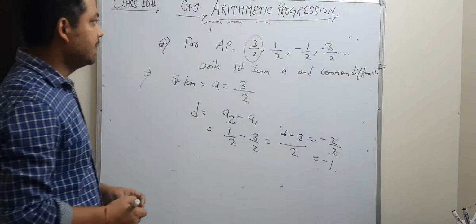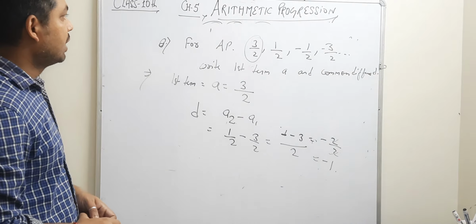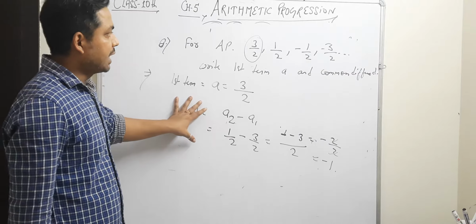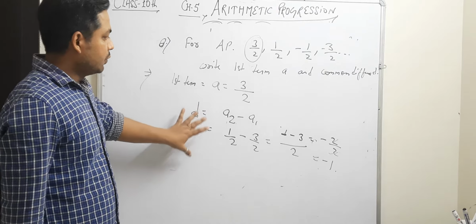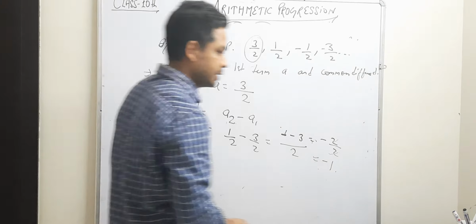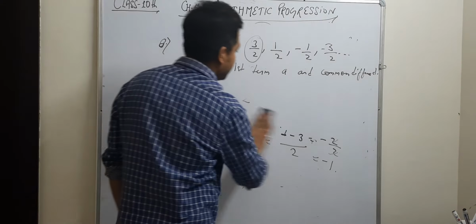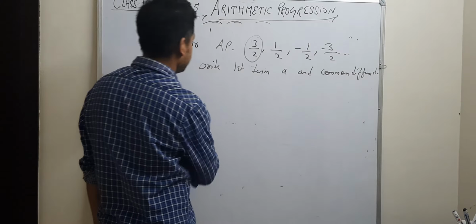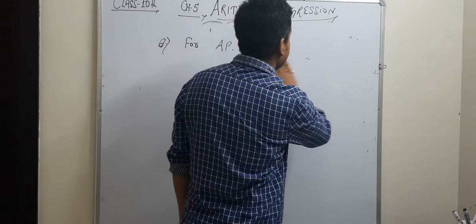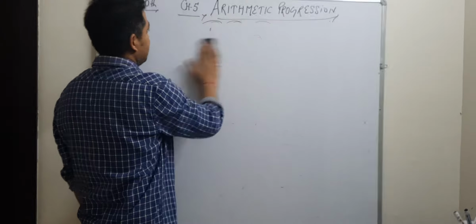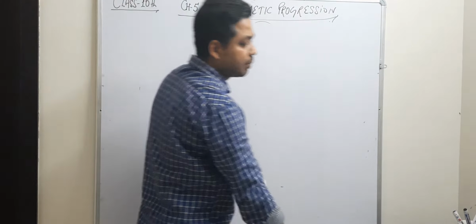So in this case D will be minus 1. Is it clear? So this type of questions can come and you have to calculate A and D in this way. If you calculate A and D, then you will be able to solve the other part also.